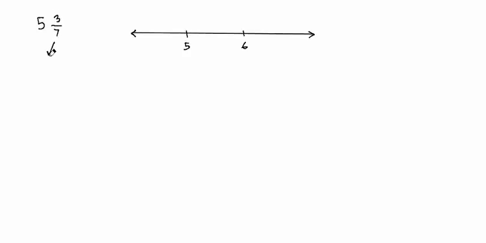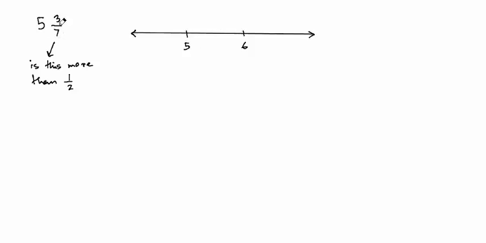Is this more than 1/2? If it is yes, then you want to round this up to 6. The nearest whole number is 6. On the other hand, if the answer to this question is no, then you want to round it down to 5. And if it's exactly equal to 1/2, then it would still go on the 6 side.